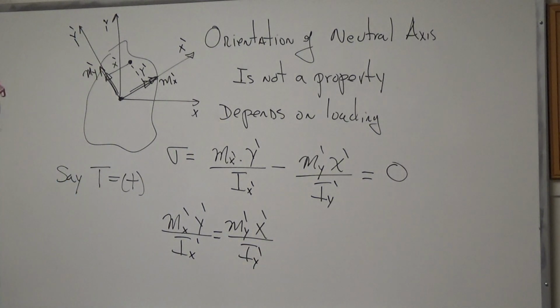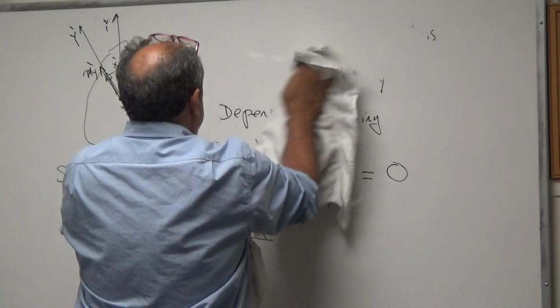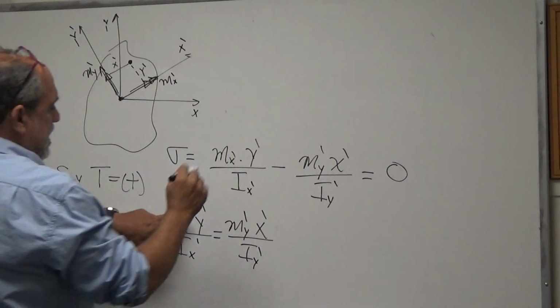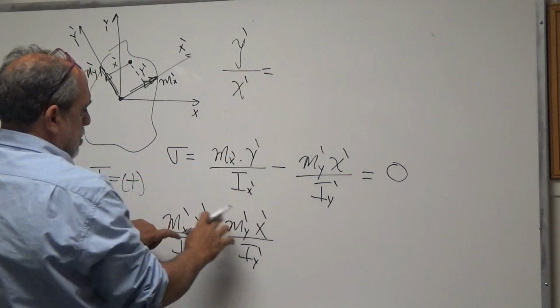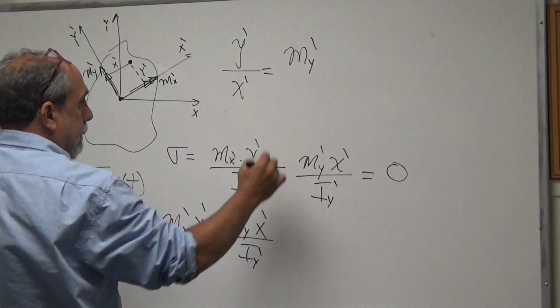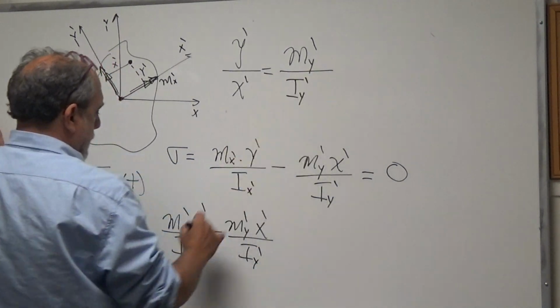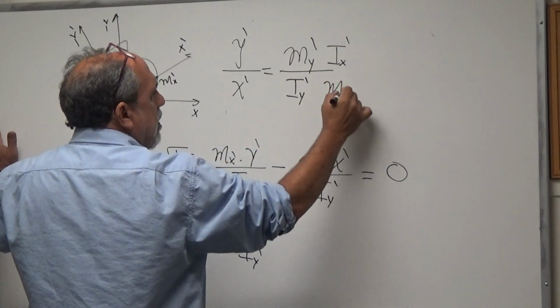From where one can state that, for example, y prime divided by x prime is equal to My prime divided by Iy prime multiplied by Ix prime divided by Mx prime.